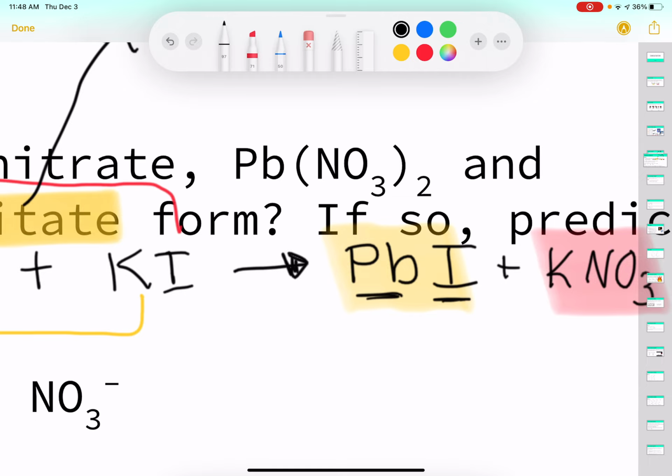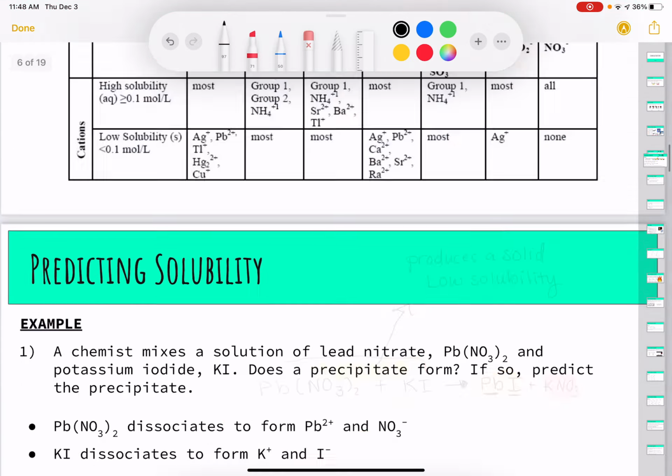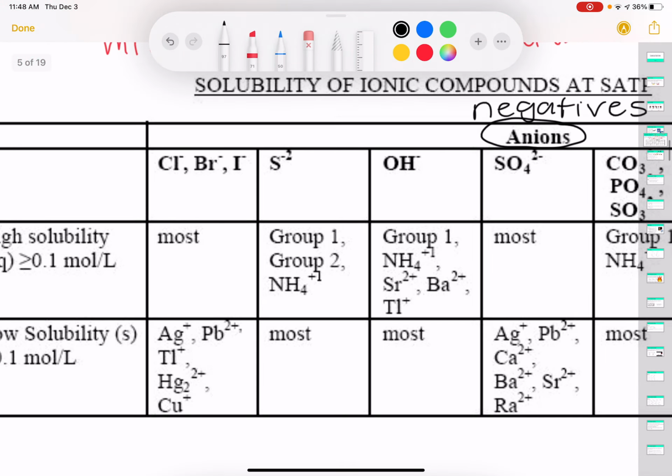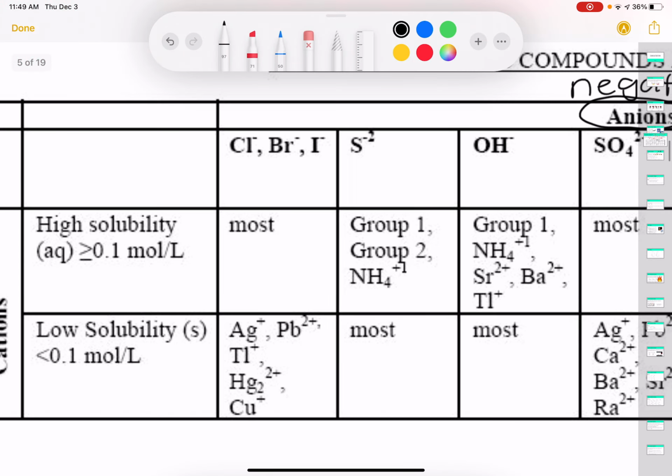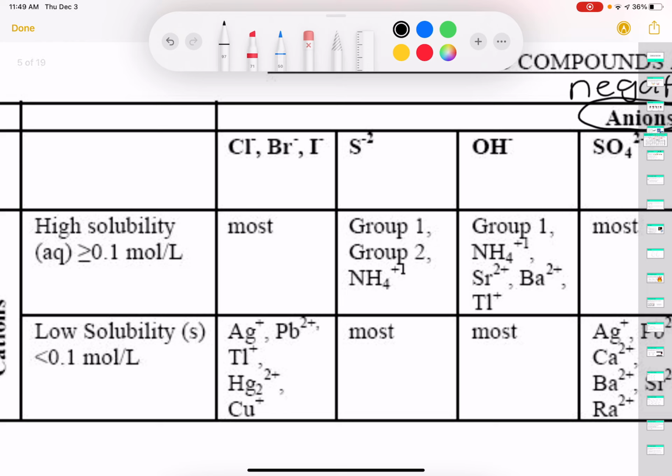Pb is our cation. That's our positive one. So we need to look for I. And I can see it right at the very first column there. All right? So we need to figure out if it is soluble with lead. And I can see right now that lead is right here, and lead is a low solubility.